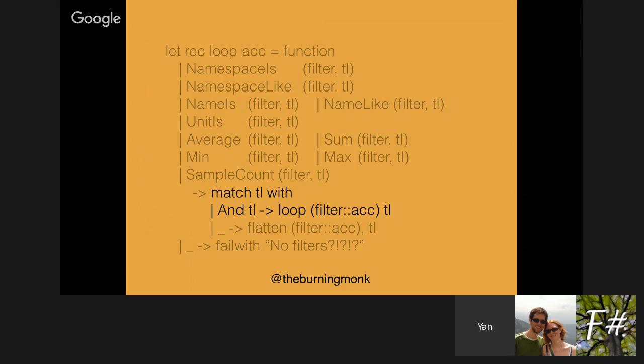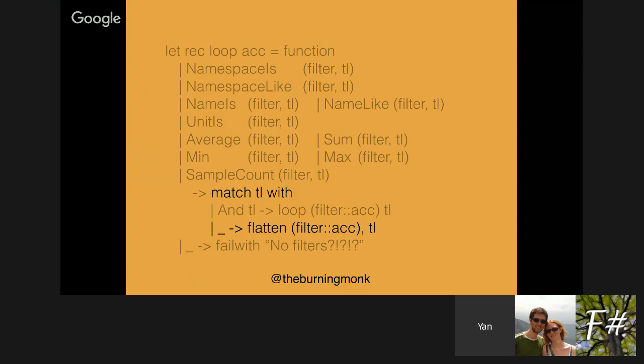So then we can check if the rest of the list starts with an AND keyword, then we recurse whilst adding the filter that we've passed out to an accumulator, so that we gradually collect more and more filters whilst we consume the tokens from the list of tokenized input.